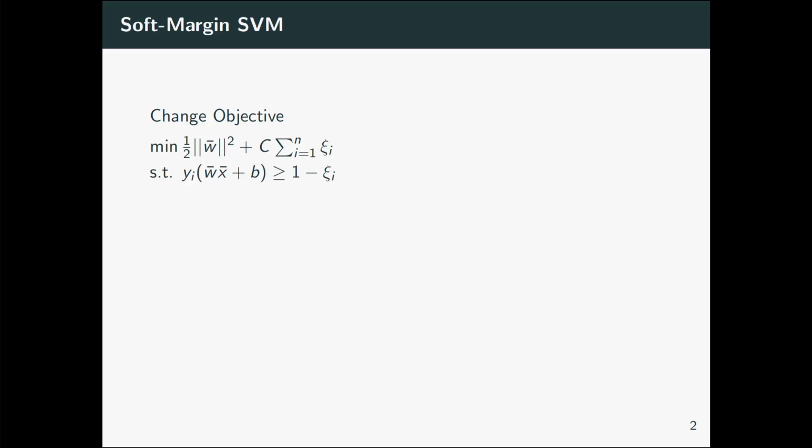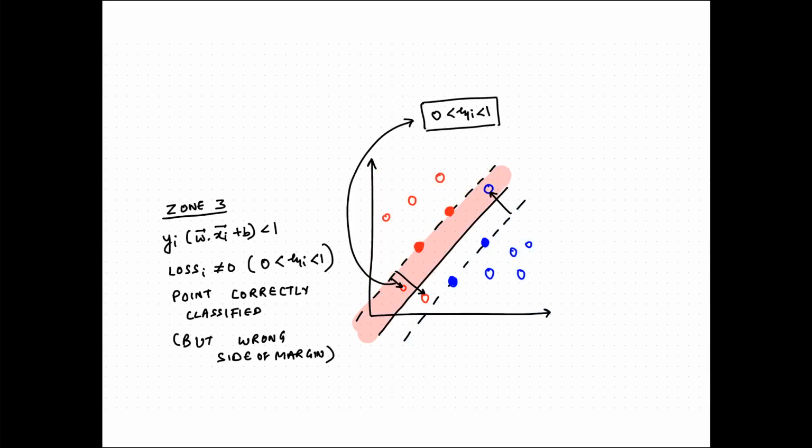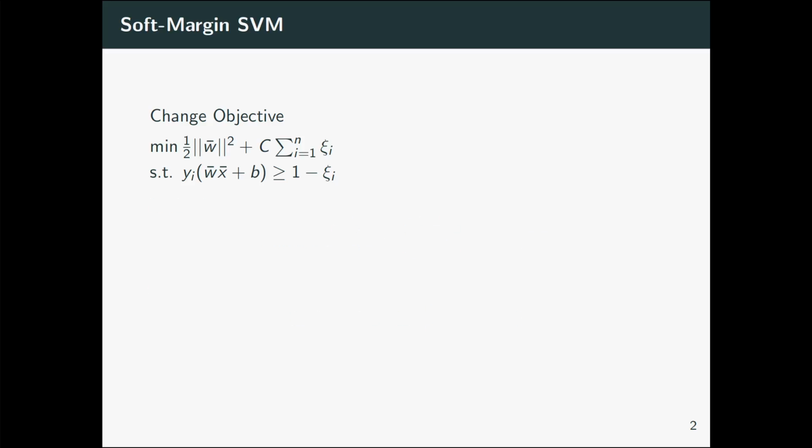Assuming you paused the video, think of the different cases of the different zones. Let's go back. In zone 1, yi is 1, w xi plus b is greater than or equal to 1. So yi times (w xi plus b) is greater than or equal to 1, right? And what did we want here? We wanted yi times (w xi plus b) greater than or equal to 1 minus psi i.